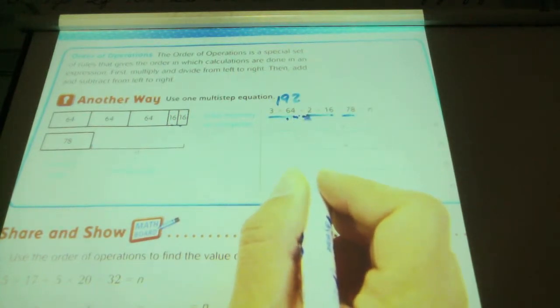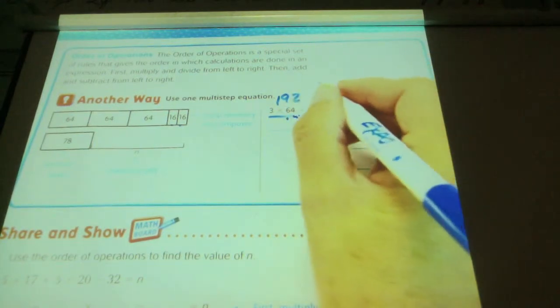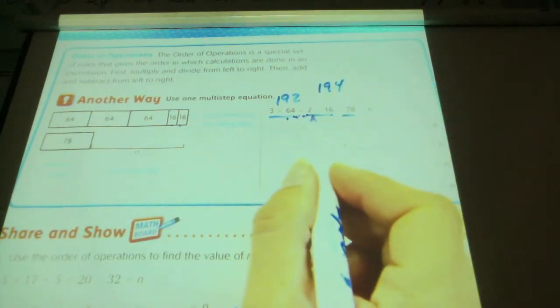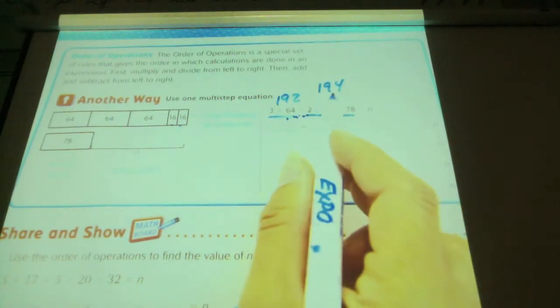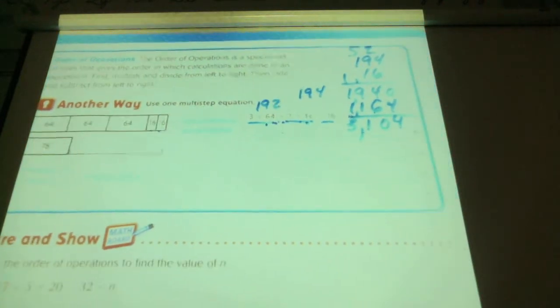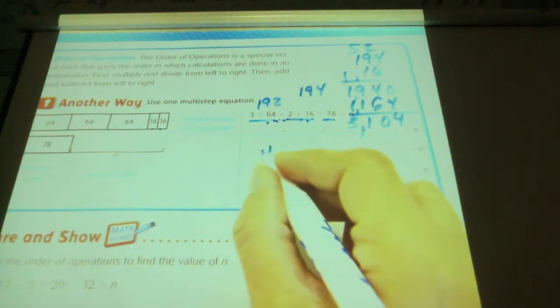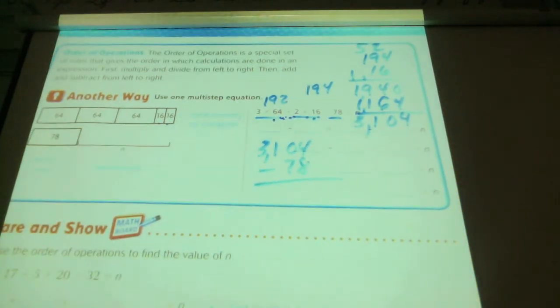Let's add 2. What's 2 plus this? So now I'm at 194. Now I'm going to, then it says multiply times 16. 194 times 16. So I have 3,104. I should have just grabbed my calculator.